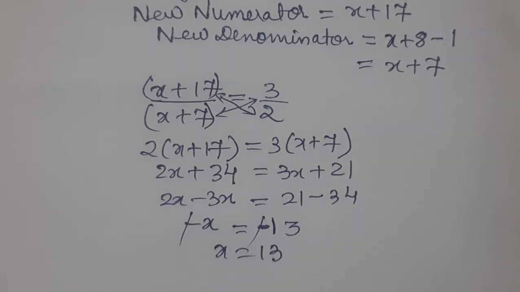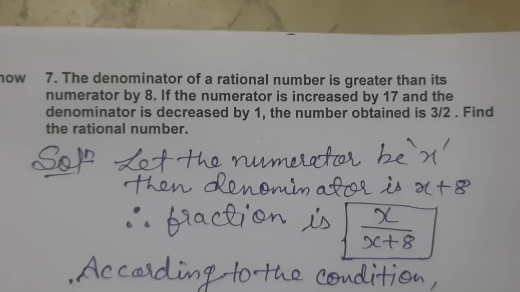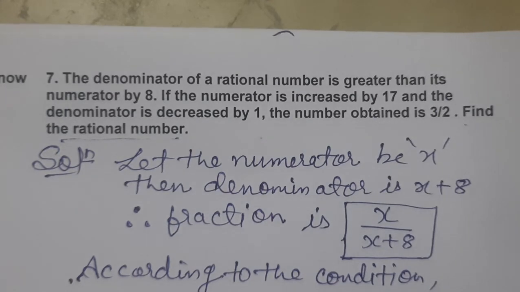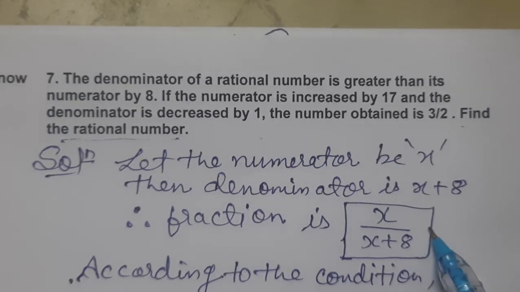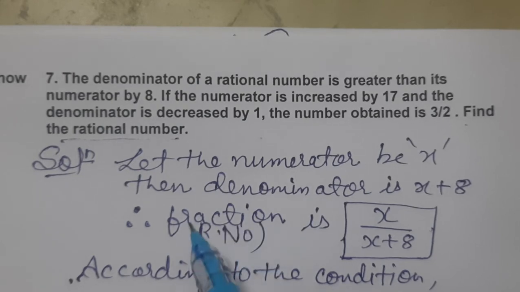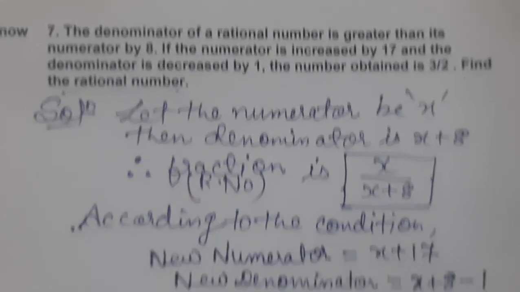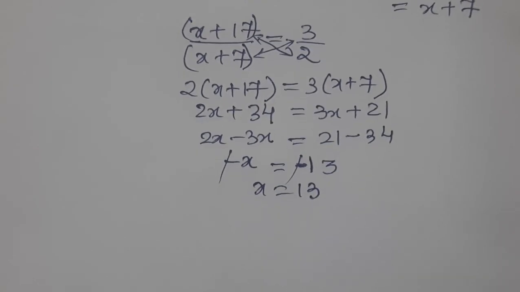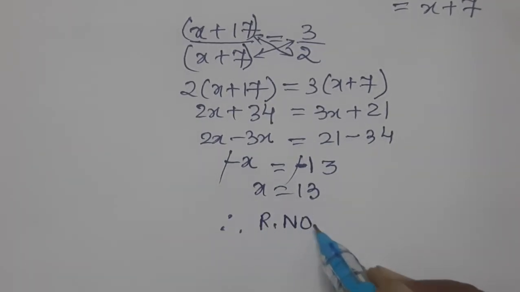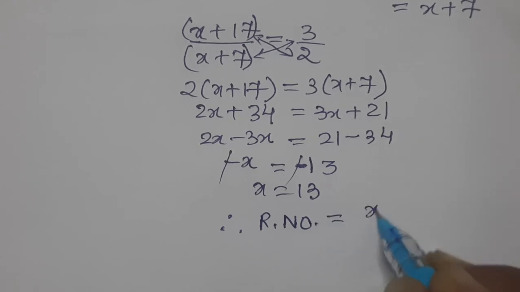So we got x only, but we need to find the fraction. Find the rational number. We have to find the rational number. So let's find the rational number. Rational number or fraction, whatever you can say. Therefore, rational number equals to x by x plus 8.